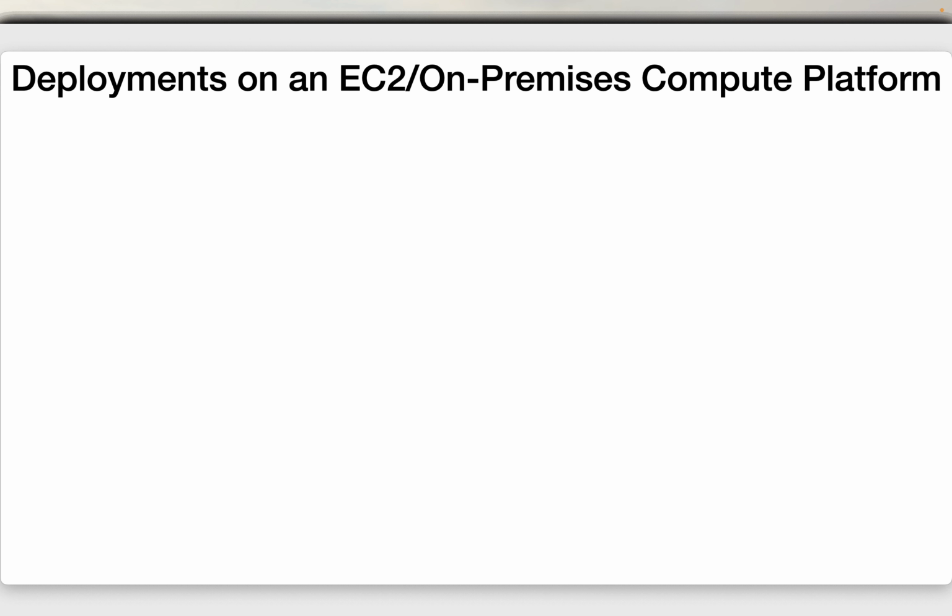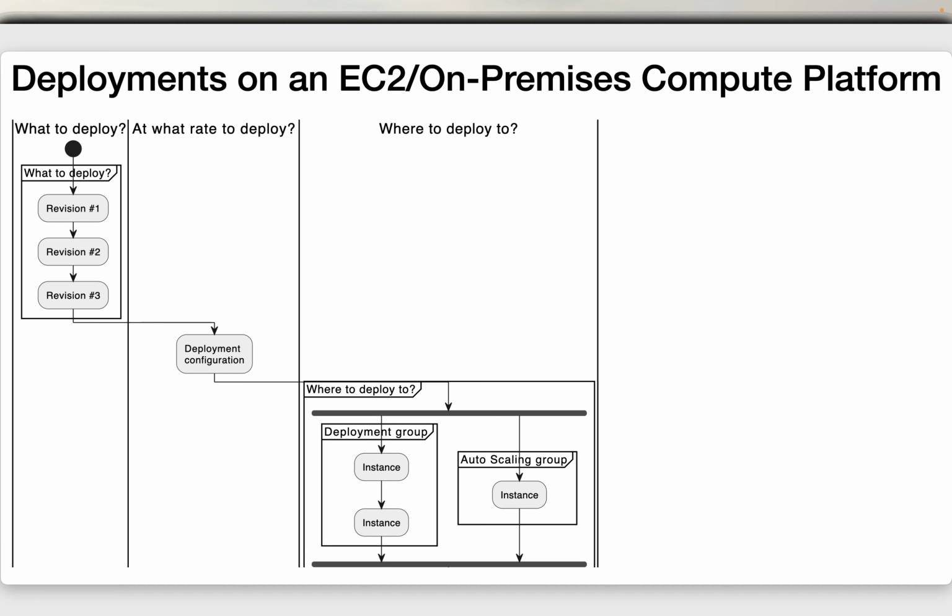Okay, let's look at deployments on the EC2 and on-premises compute platform. What are the steps, basically? You will have what to deploy: the application version number, revision 1, 2, 3. And you will choose at what rate to deploy, the deployment configuration.